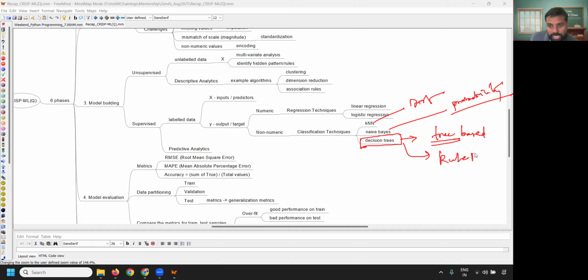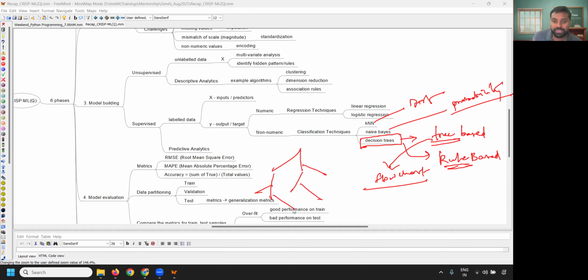It's a rule-based algorithm. How do we get these rules? We get rules by creating a flow chart. A tree-based model is nothing but constructing a flow chart, and when we see a flow chart, we can define different paths, and each path is a rule.